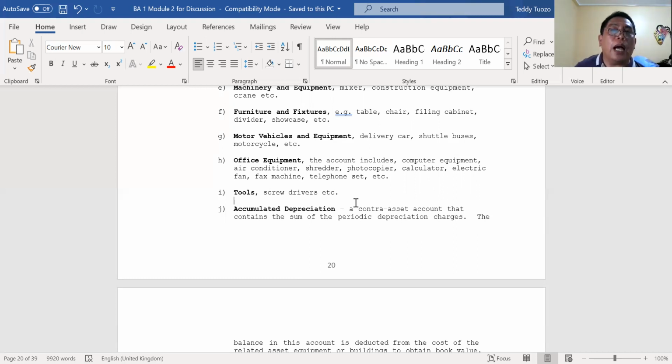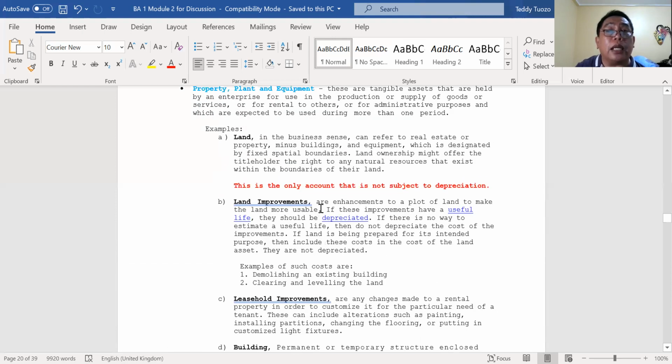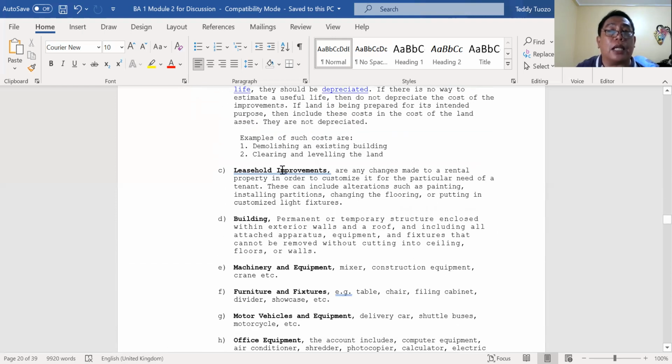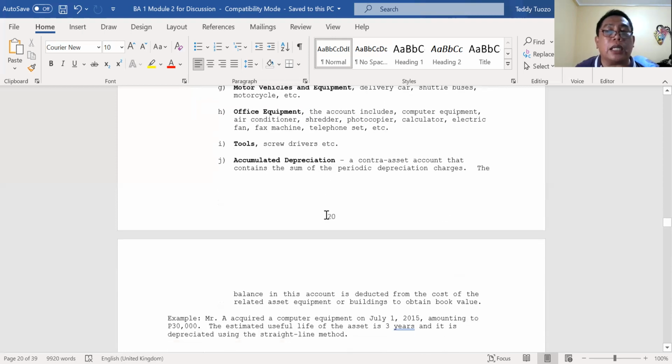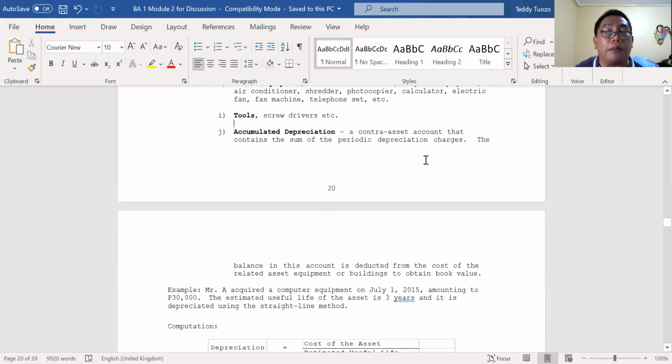Next, accumulated depreciation. It is a contra asset account to the depreciable assets, those listed improvements, building, machinery and equipment, furniture and fixtures, etc., etc. So I've said that they are subject to depreciation, meaning to say there is an account for these assets called accumulated depreciation.